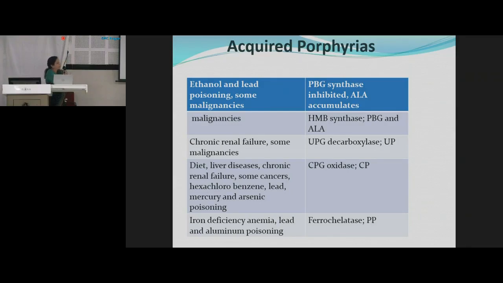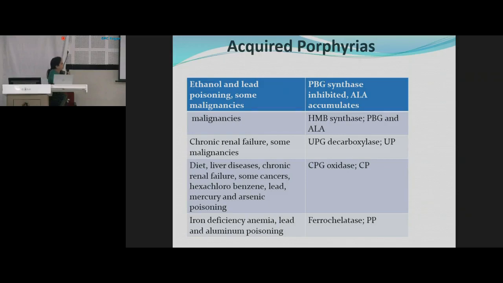In case of certain tumor malignancies, HMB synthase will be inhibited, which will lead to accumulation of PBG and ALA. So symptoms will be accordingly. In case of some chronic renal failure or malignancy, uroporphyrinogen decarboxylase will be affected and uroporphyrinogen will increase in our body.